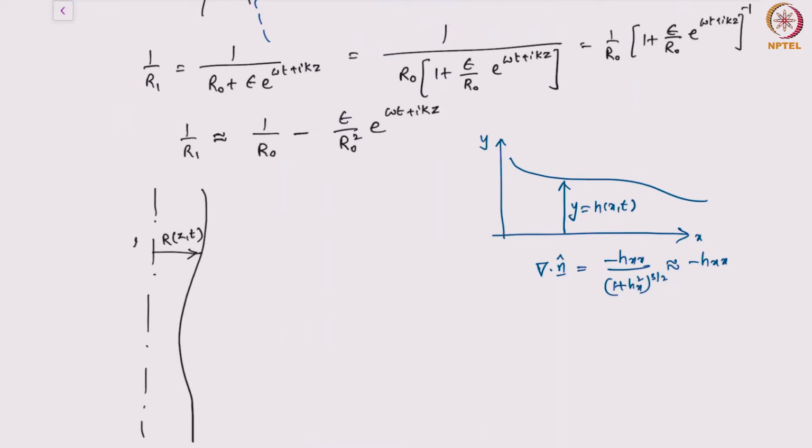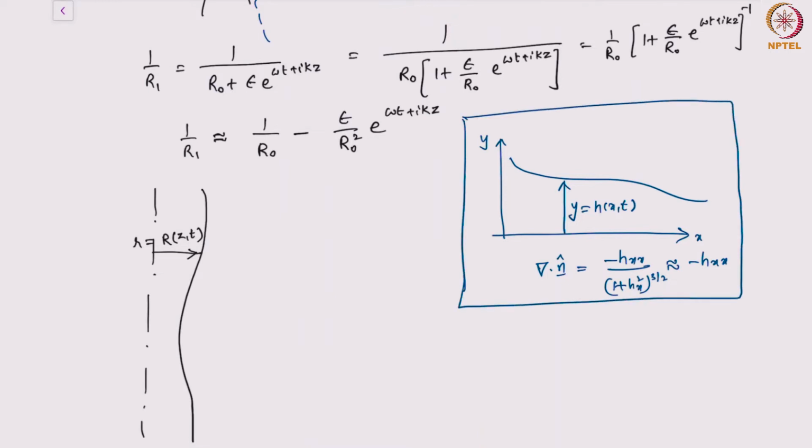This is the radial location r of the interface, very similar to the figure that I have drawn on the right. I'll put that in a blue box. So just like y equals h of x comma t, here we have r equals capital R of z comma t. And if I use the same result for the curvature, 1 by R2 will be nothing but minus del square R by del z square.